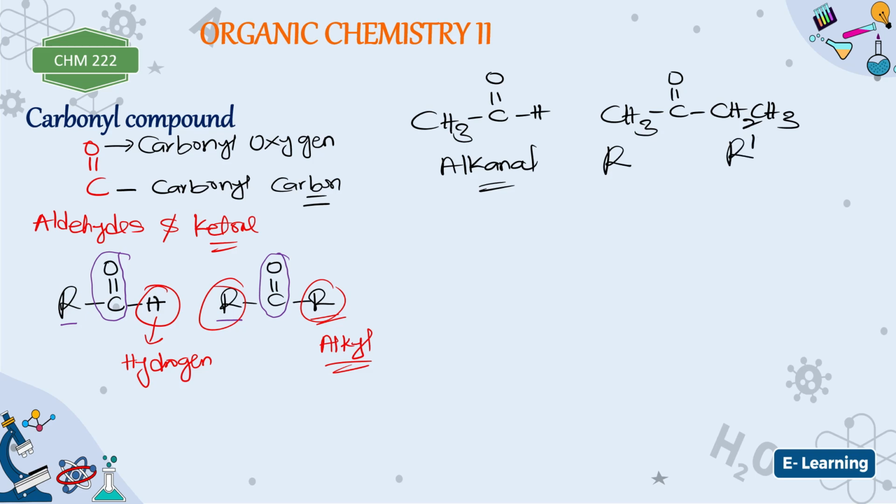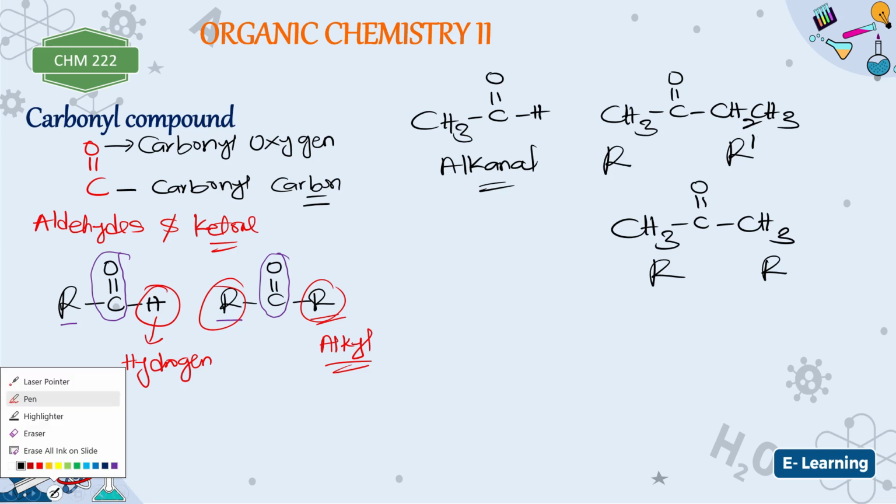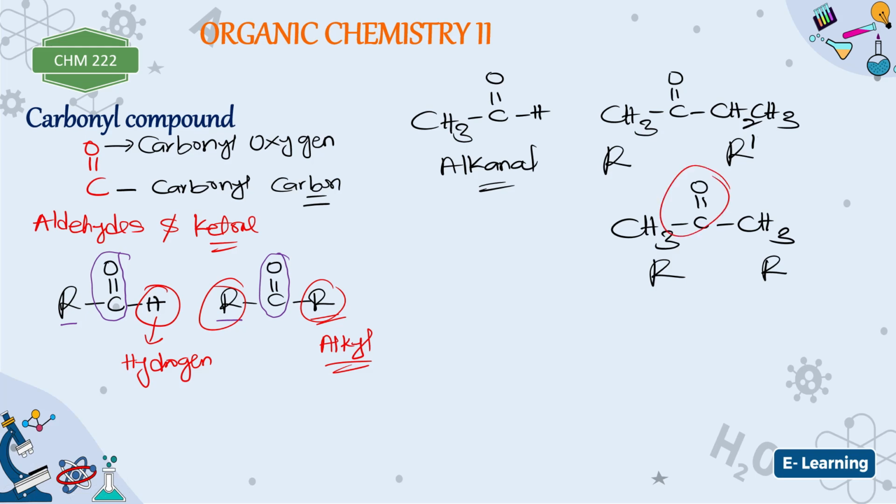When the two alkyl groups are not the same, you use R to represent one and R prime to represent the other. However, if the two alkyl groups are the same, you can use R like this to show that the two alkyl groups attached to this carbonyl group are the same. If they are not the same, for instance, here is a methyl group, while here is an ethyl group attached to this carbonyl.